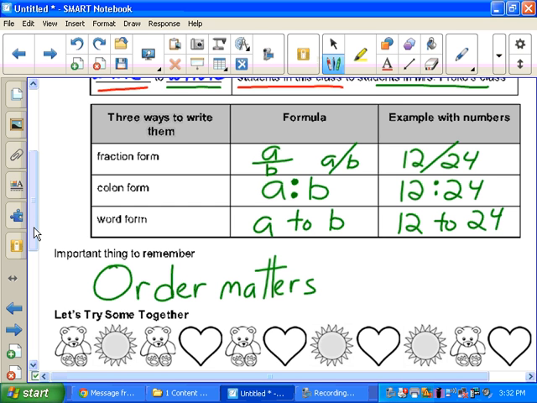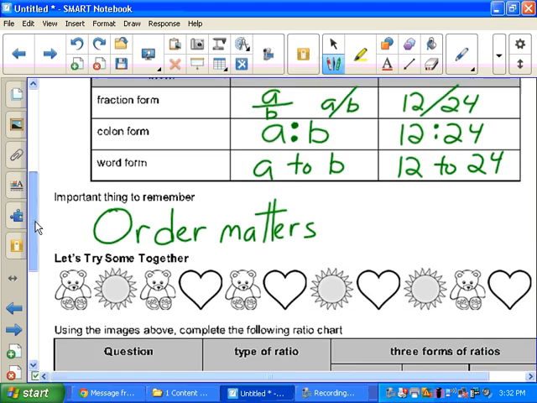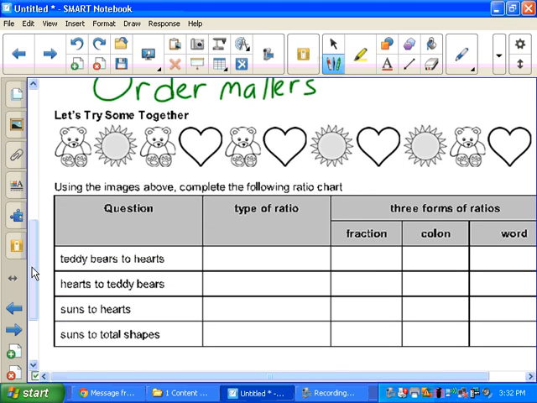Let's look at how this works with our teddy bears and hearts. Here it says teddy bears to hearts. How many teddy bears do we have in the picture above our chart? We have 1, 2, 3, 4 teddy bears. How many hearts do we have?